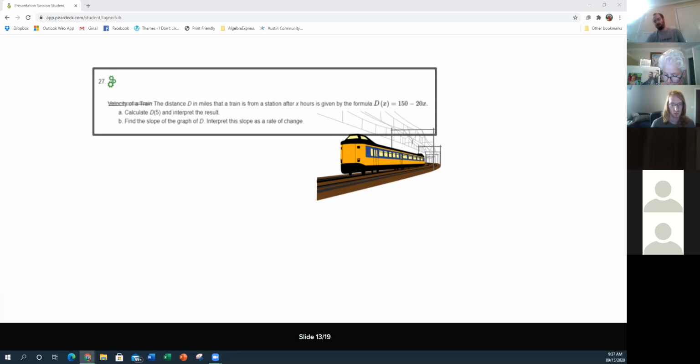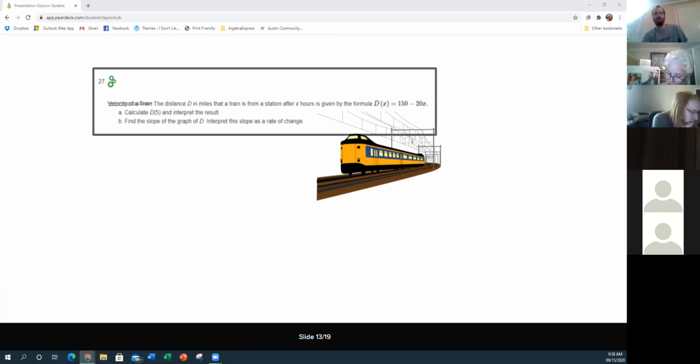We've got a train approaching a station, and this is the distance, d, between the train and the station. What does that d start out as? 150 miles. Yes, thank you.